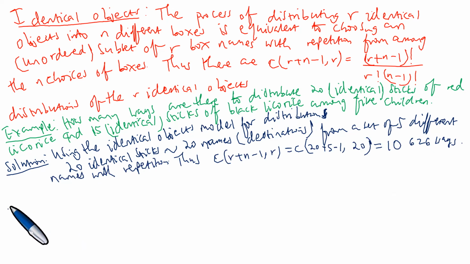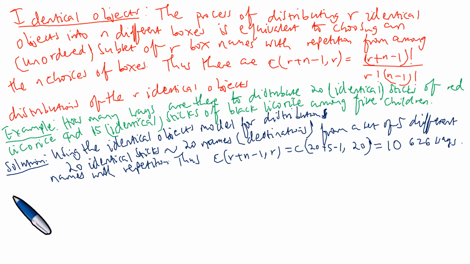You just think of that, but I want to mention this. Using the same reasoning, now we dealt with the 20. What about the 15? Now we deal with the 15 identical sticks of black licorice.